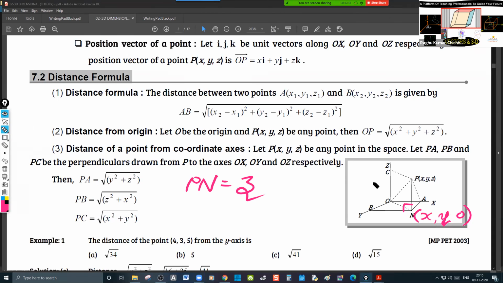So very simple: the perpendicular distance of a point (x, y, z) from the XY plane is z, from the YZ plane is x, from the ZX plane is y. That is understandable, and I need not extend it. It is very simple.